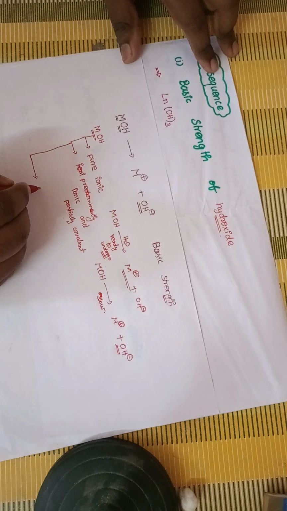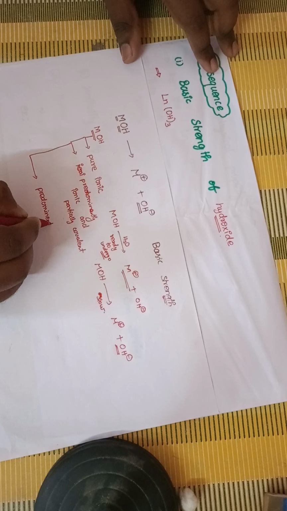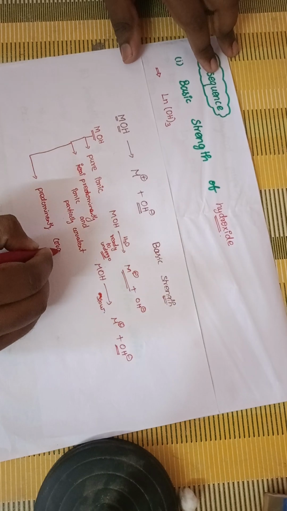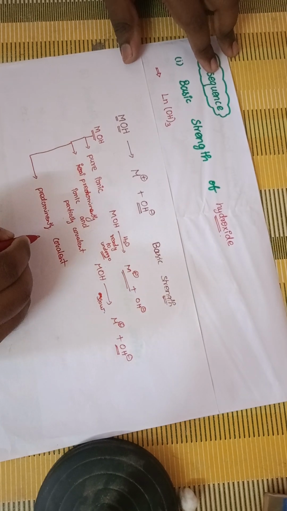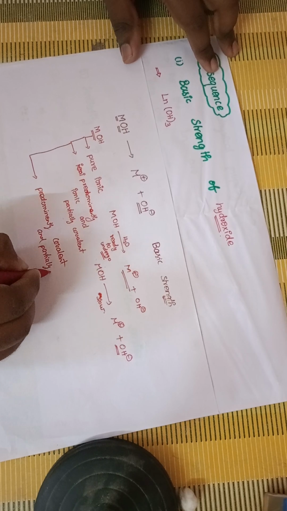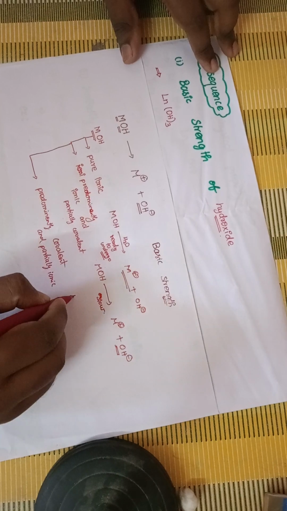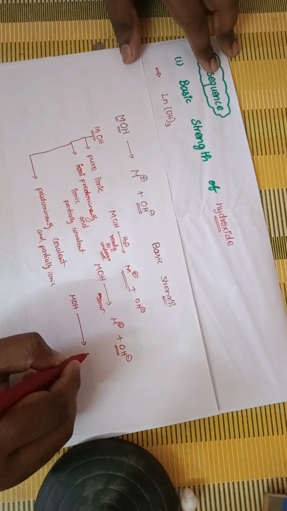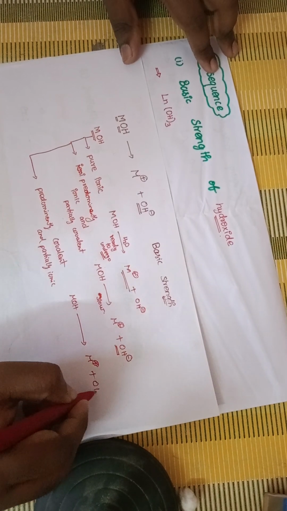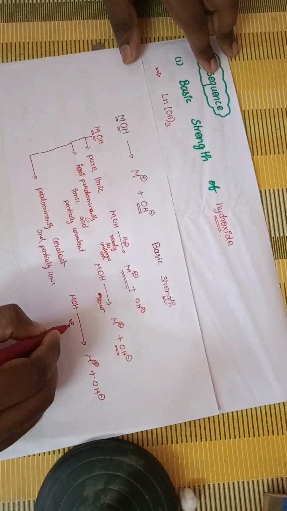If the bond is predominantly covalent and partially ionic, MOH on dissolving in water will produce M plus and OH minus, but it will be very slow.